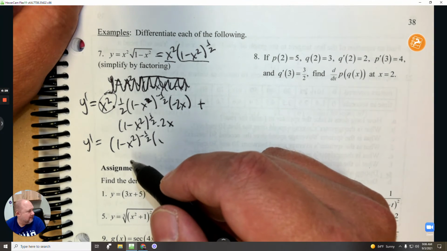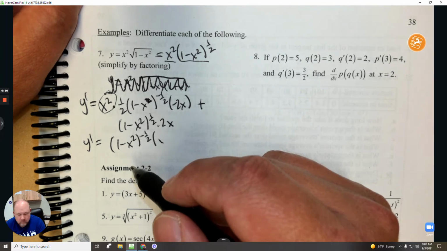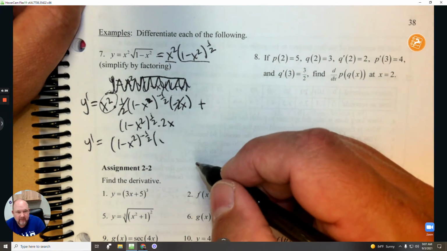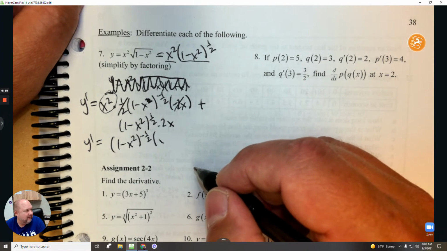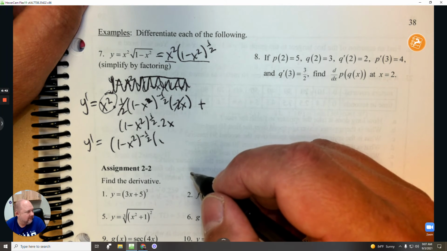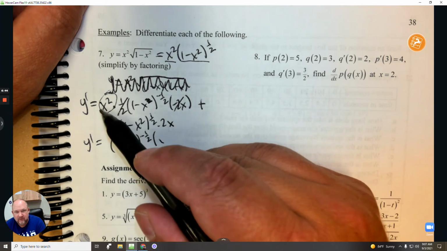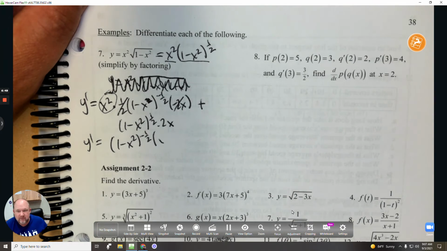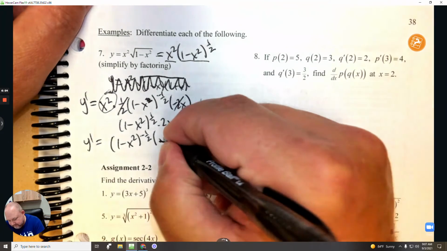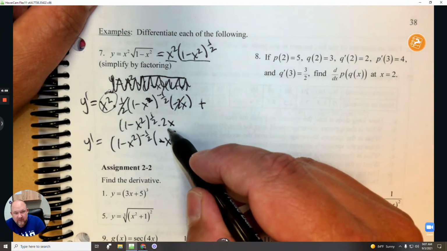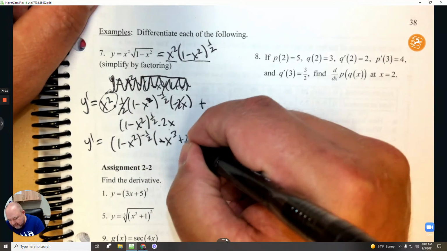No. Oh, when I go 1/2 times 2, they eliminate anyways. So I'm just left with negative x cubed. So x squared times x, negative x cubed. And then for the second one, I'm left with 2x.